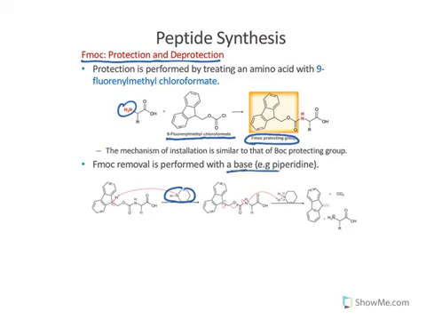So here we use a base to do deprotection. For BOC, we use trifluoroacetic acid to do deprotection. When you do this deprotection of FMOC, we end up with a product that we're interested in and another byproduct. So in other words, this requires further purification.